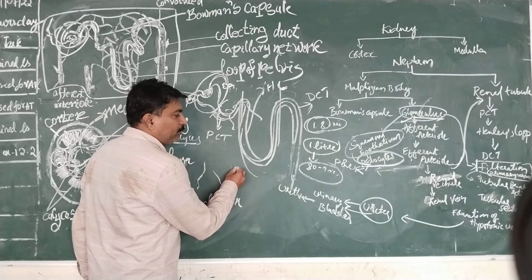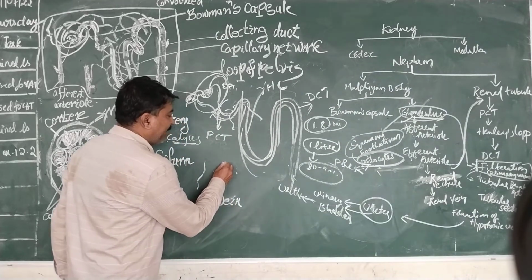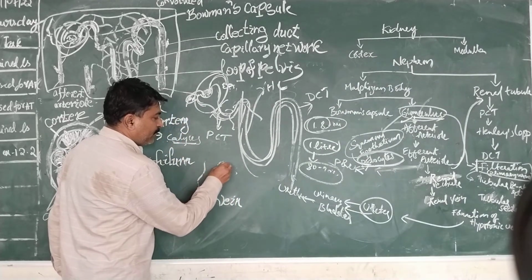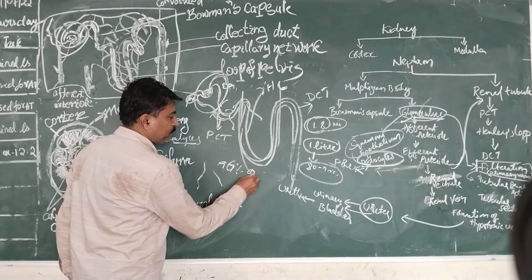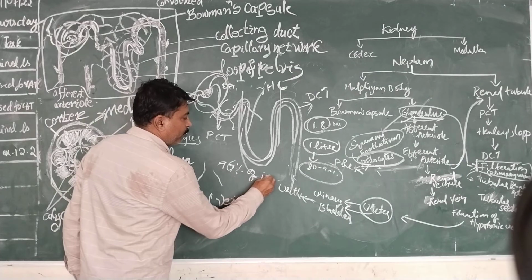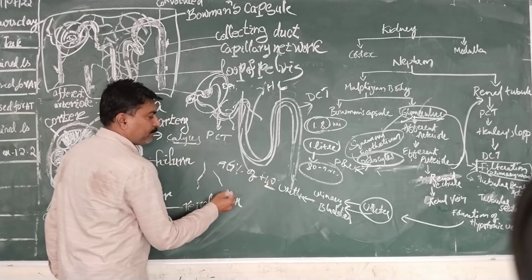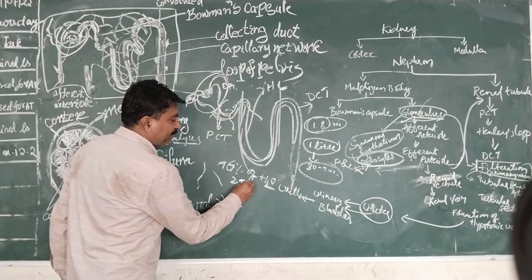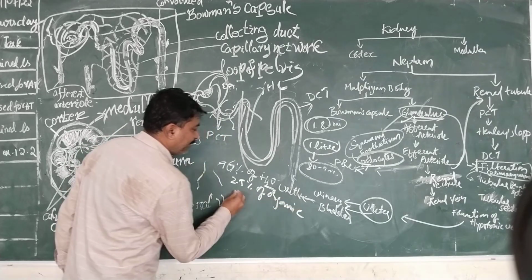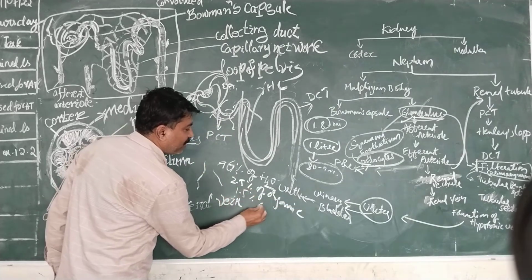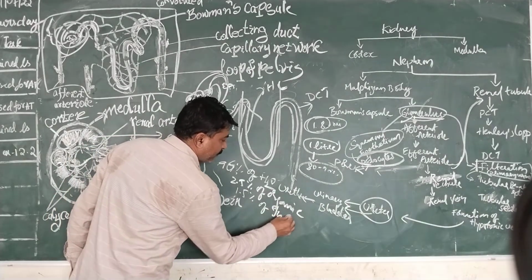The formation of hypotonic urine consists of nearly 96% water, 2.5% organic materials, and 1.5% inorganic.